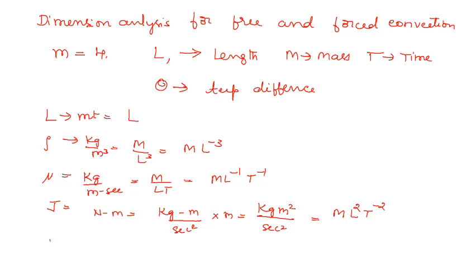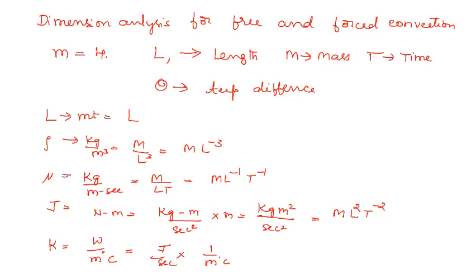Similarly, for thermal conductivity, we know the unit is watt per meter degree centigrade. To mention that, we can also write watt as joule per second, divided by meter degree centigrade.